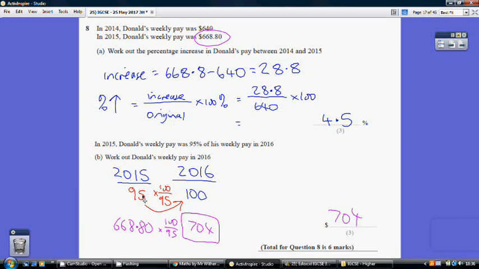So how do we scale up from 95 to 100? We divide by 95 and multiply by 100. So we need to follow that same scaling. So we take our £668.80 and we multiply that by 100 over 95, giving us £704.